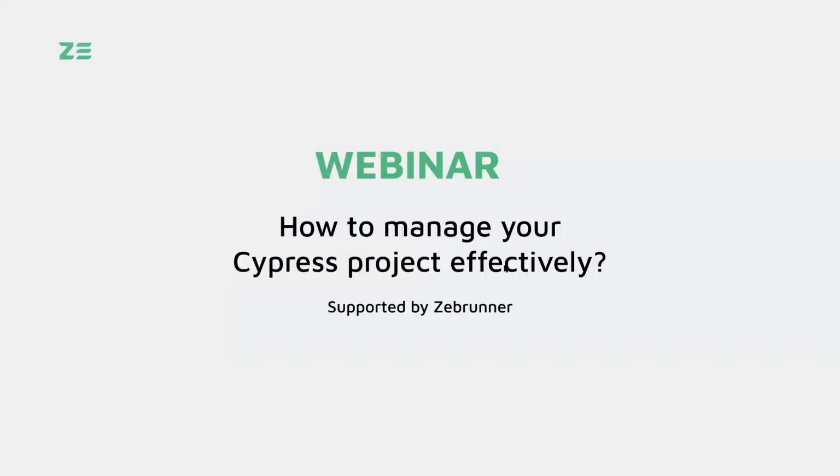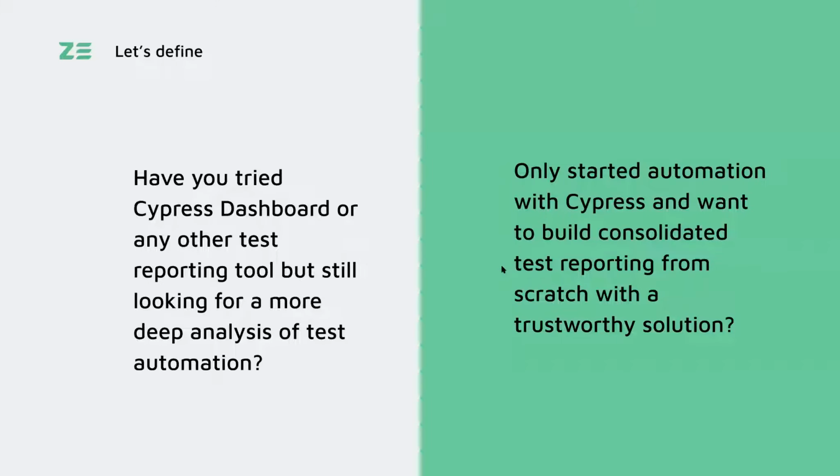Today we'll dedicate our time to understand better how to manage your Cypress project effectively. We know that it's very trendy to start building your test automation with the Cypress framework. And I believe everyone agrees that Cypress Dashboard is doing a very great job helping test automation engineers.